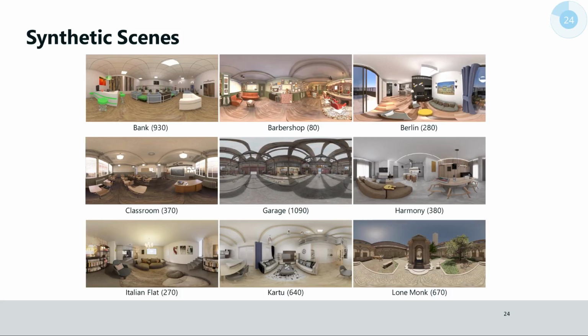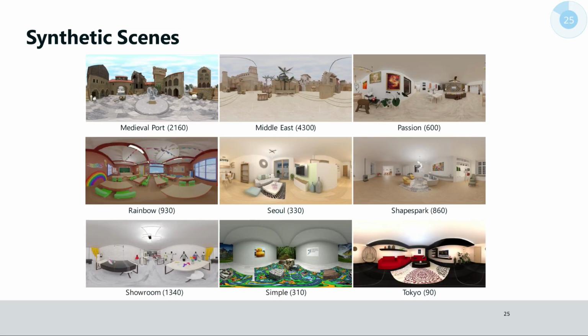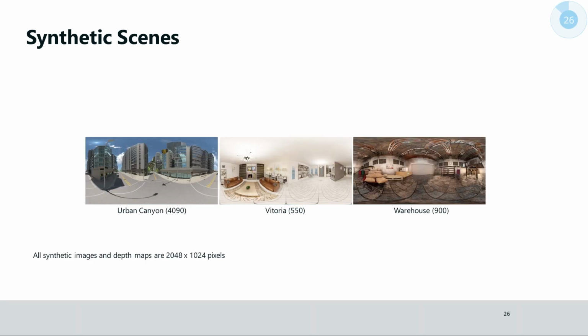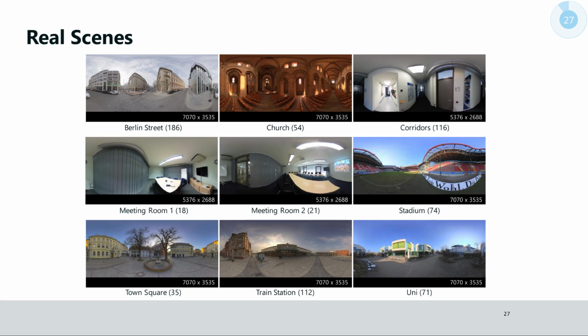Finally, here is a sample image for each synthetic scene. The number in parentheses indicates the total number of images in that scene. Scenes vary from small and simple to large and complex. And here are the 9 real scenes.